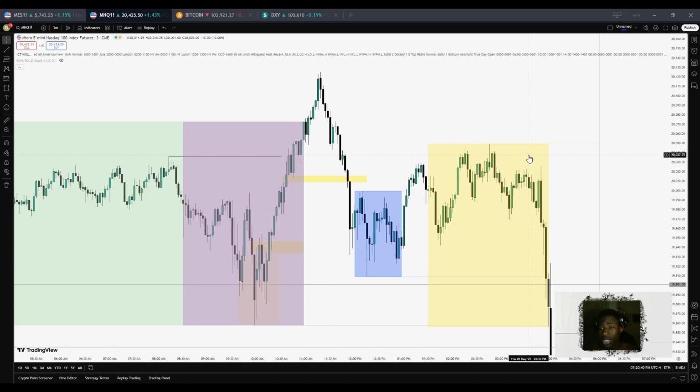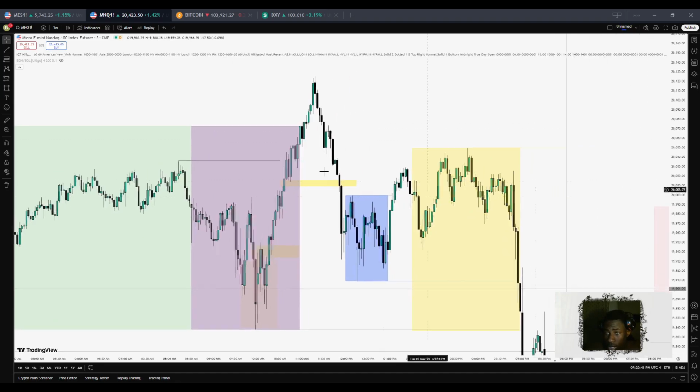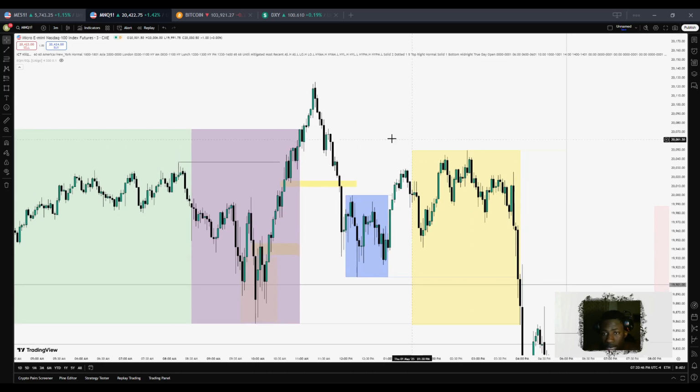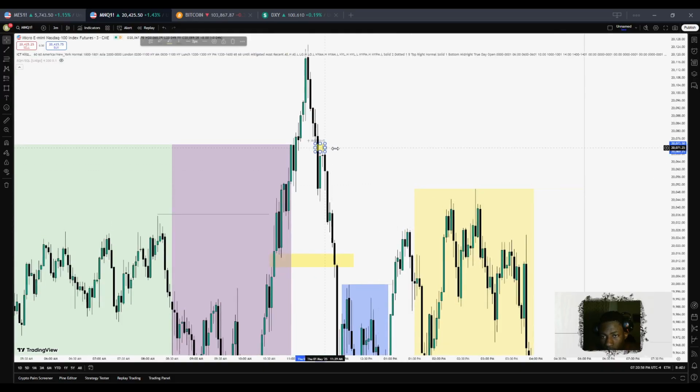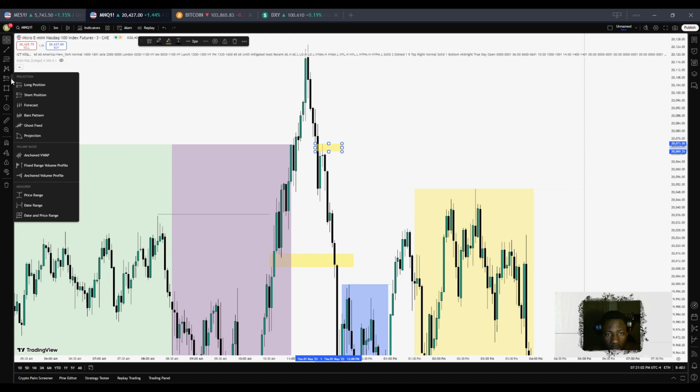And then on this one, right after the sweep of London highs, if you want to trade the ICT 2022 model, so previous sweep of London highs, and yeah, there we go. We have a fair value gap there. It's got filled and then immediate reaction. Then you can take your entry there.